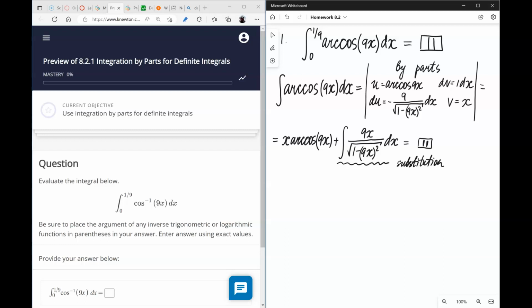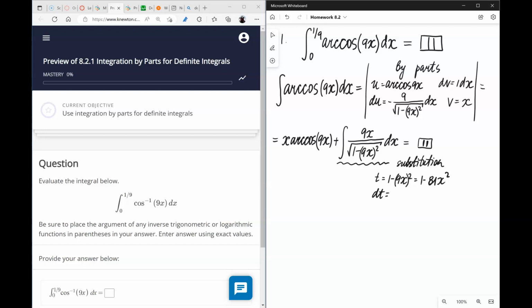So we're going to set up substitution, and my substitution will be t is equal to 1 minus 9x squared. So that means dt, I'm doing substitution, right? It's going to be negative 81. So we have to be careful here, right? So t is 1 minus 81x squared.